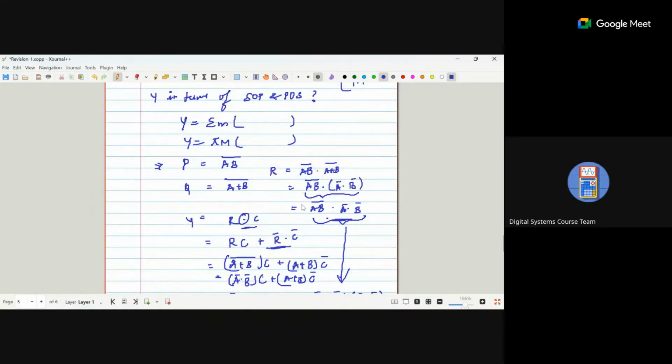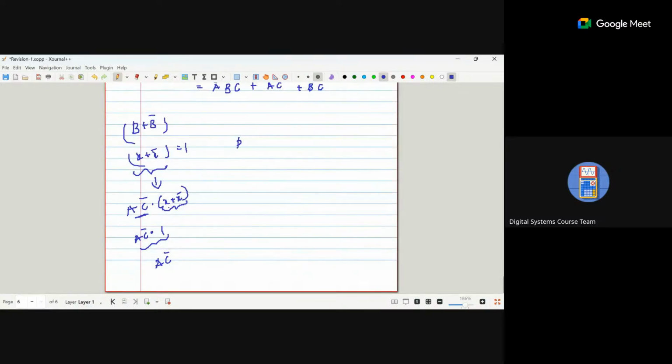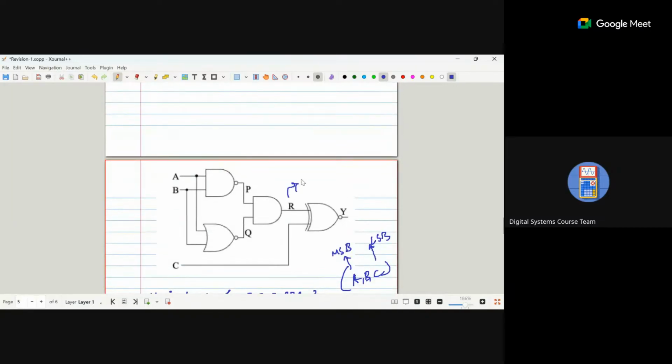Okay, so you want to solve for R. For R here, the value is PQ, AND gate PQ. So the value of P here will be AB the whole bar. Value of Q will be A plus B the whole bar.